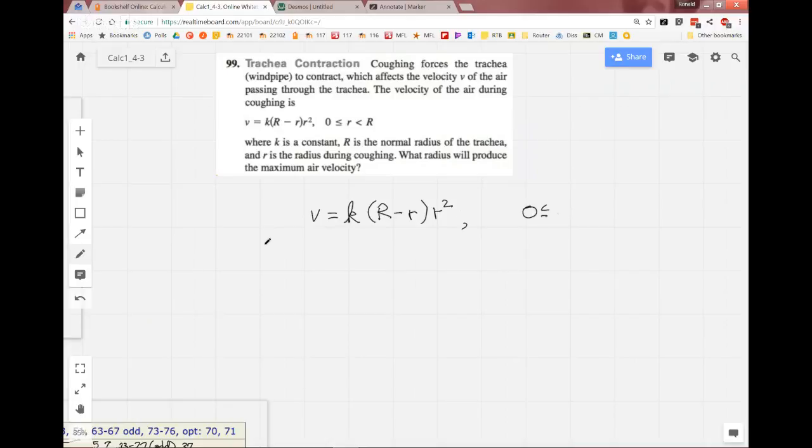So we don't have numbers for all of these. All right. So we want maximum velocity, and we've got an equation for velocity. Therefore, we need to take the derivative. Okay, so v prime.